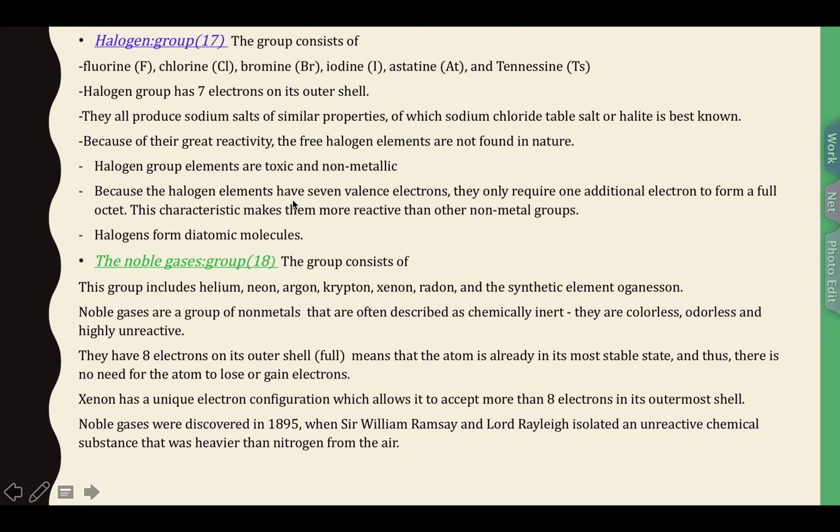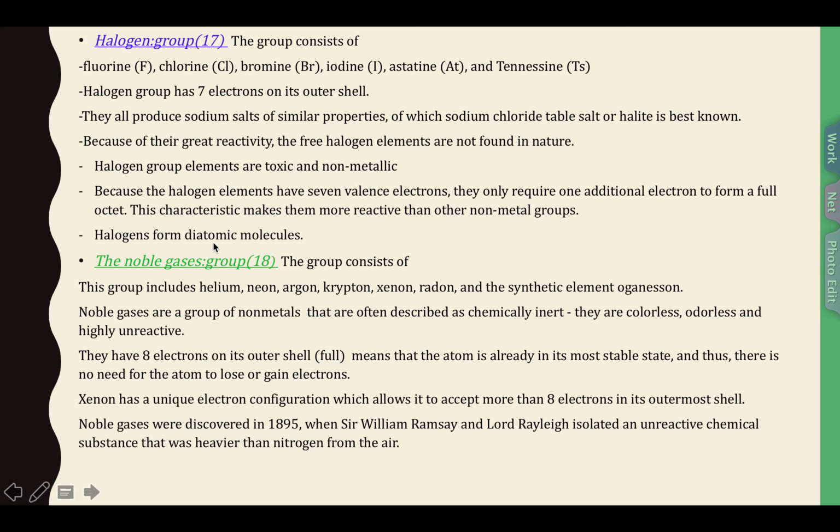Because they have 7 valence electrons, they only require one additional electron to form a full octet, since 8 is the maximum number an octet can have. This characteristic makes them more reactive than other nonmetal groups.